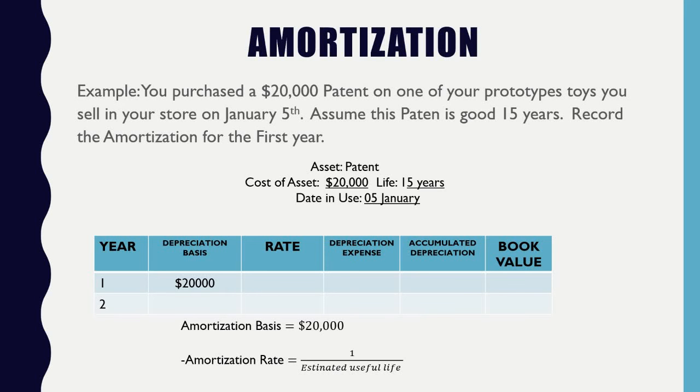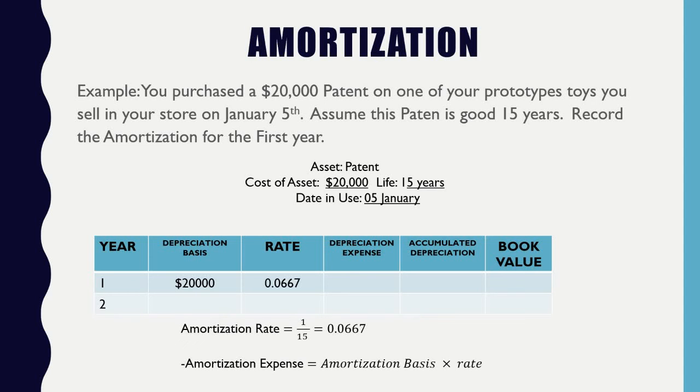This is 1 over 15. I got 0.06666. Good. So about 6.5%. Okay. And then what's going to be my depreciation expense?